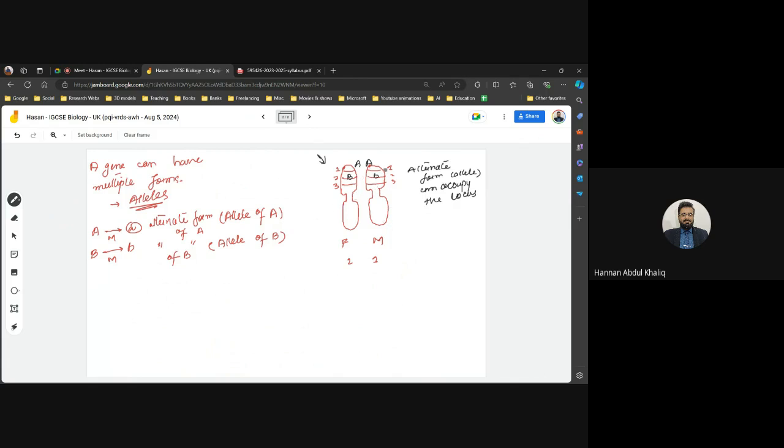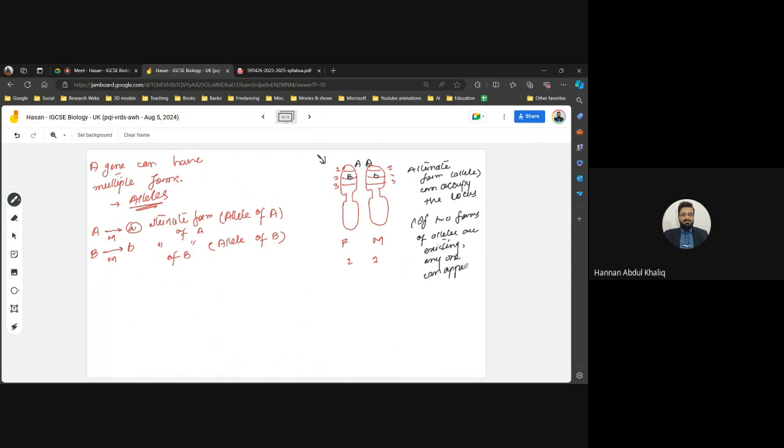You may have got a small b from the mother and a capital B from the father. I'm not right now saying that small b is fitter and capital B is less fit, or vice versa. But if two forms of alleles are existing, any one can appear at the locus.